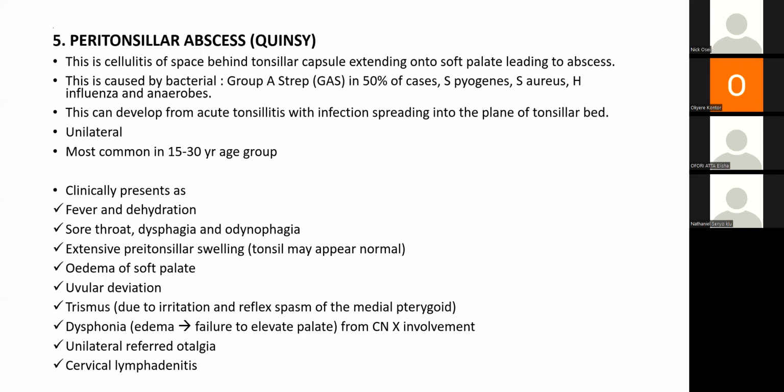There are also certain branches that supply the throat, the tonsils, the muscles of the throat, the soft palate, as well as the hard palate. So you should be able to ascertain if there is referred pain from one branch of the nerve to the other structures. And there's also cervical lymphadenopathy.